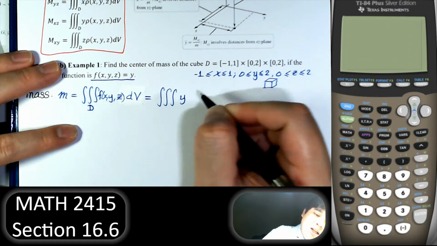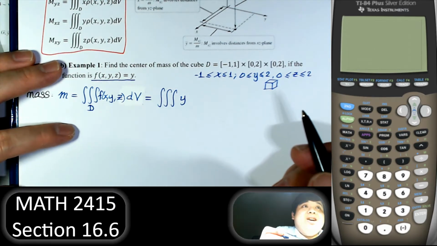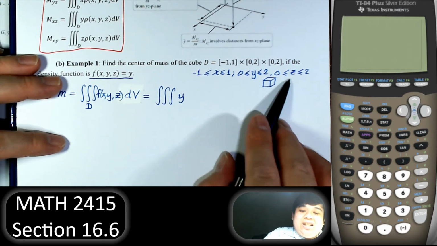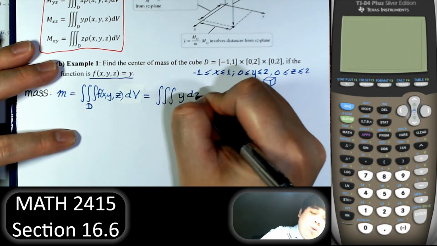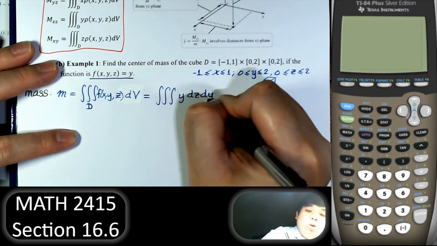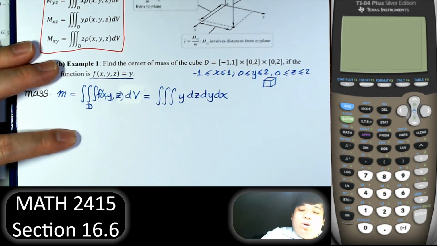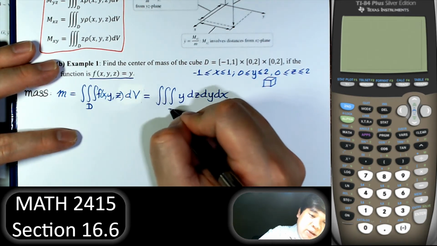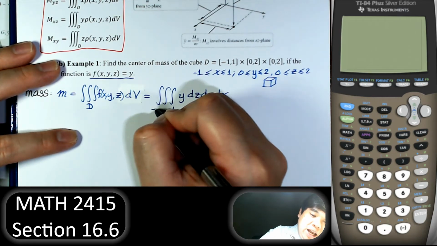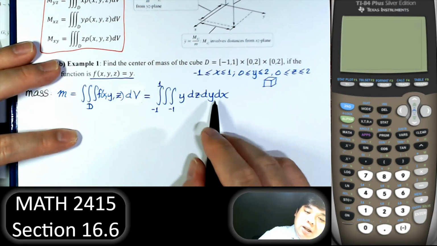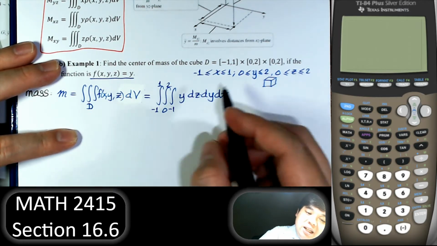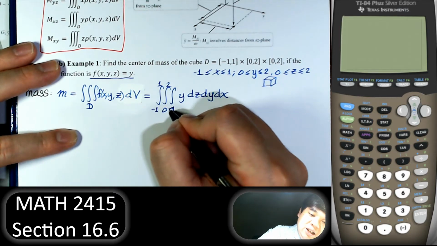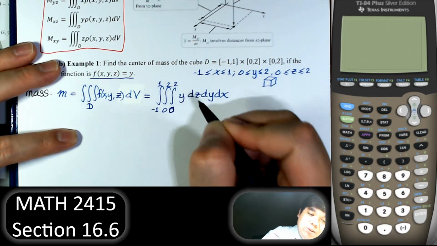Density is y, and then dV, it doesn't matter. X, y, z, all of them are constant limits, so we don't have to worry much about the order. When I have a choice, I usually prefer reverse alphabetical order. X from negative 1 to 1 is on the outside, y in the middle, 0 to 2, and z on the inside, 0 to 2.